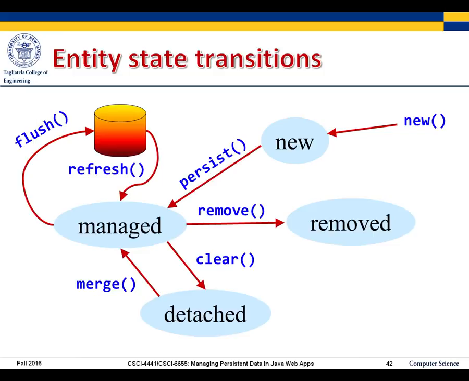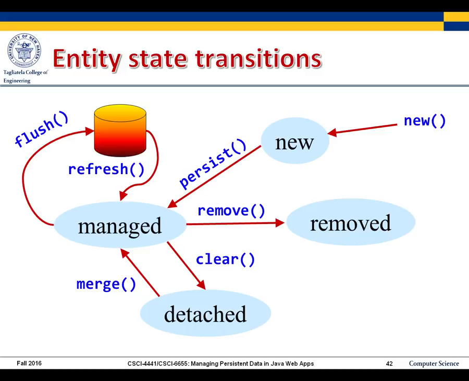So here is the basic set of API. I mapped the API method calls to how it gets from one state to another. Now, you can call these yourself, but in fact, a lot of this is happening underneath the covers for you. Oftentimes the only thing you might have to call is persist, occasionally merge, and maybe flush.